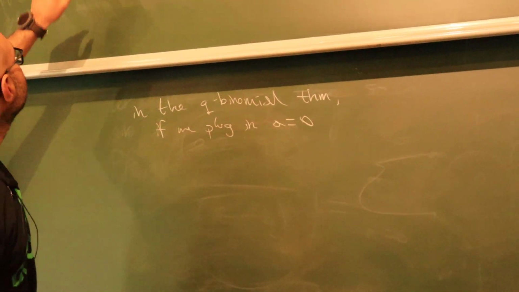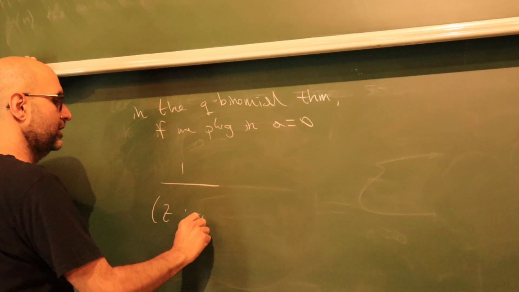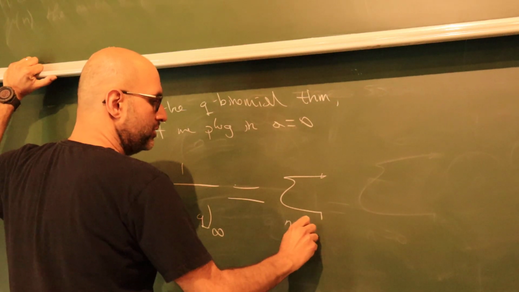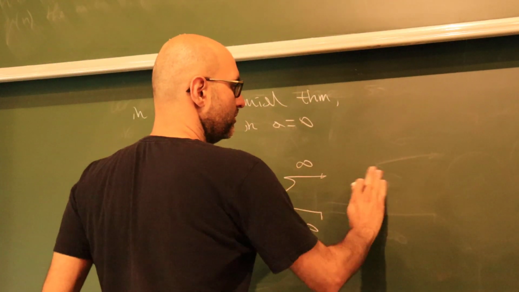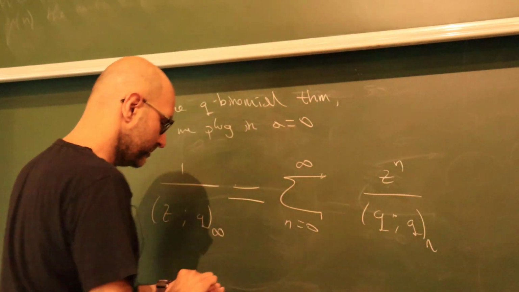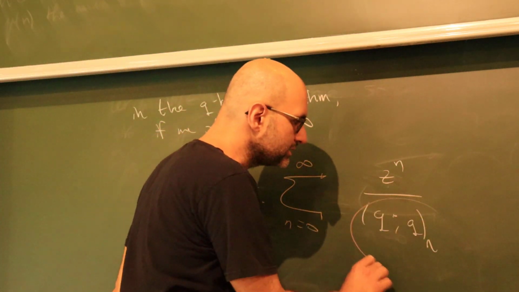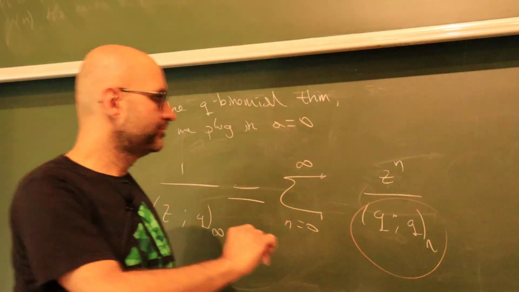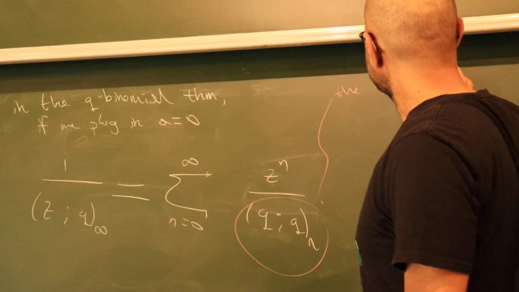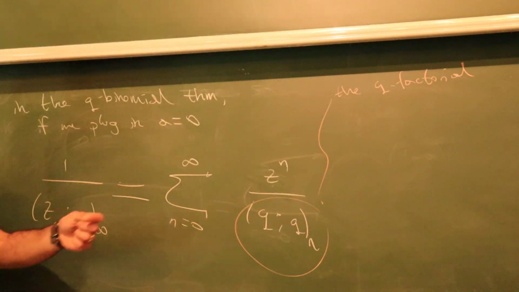Setting a equals 0 is one of the basic methods to reduce known identities to newer ones, or to produce more identities. Then we will have 1 over z semicolon q sub infinity equals the sum from n equals 0 to infinity of z to n divided by q sub n. Many of us call this the q factorial, for obvious reasons.